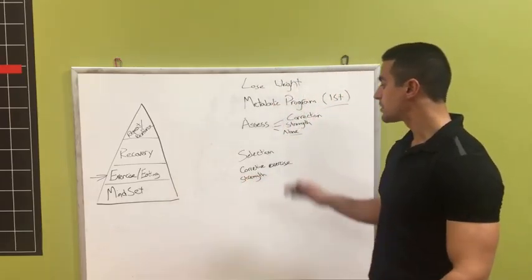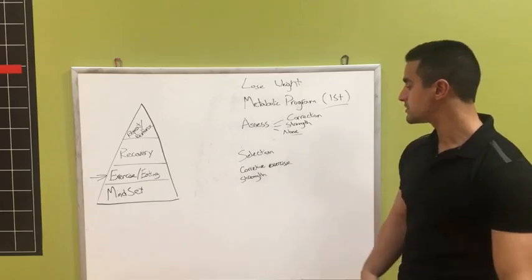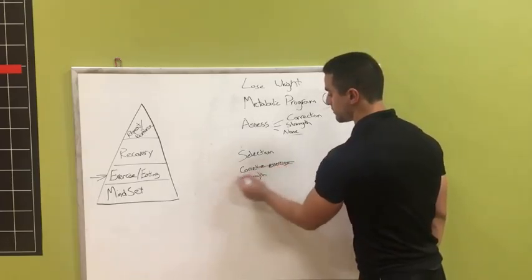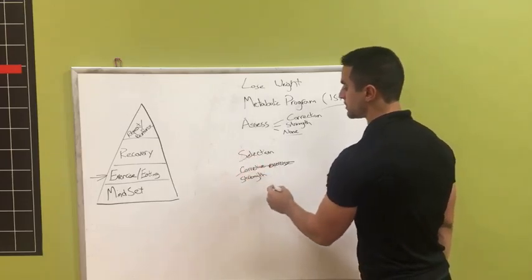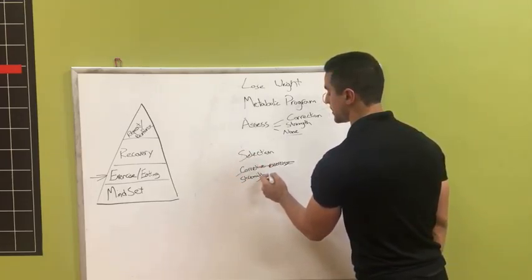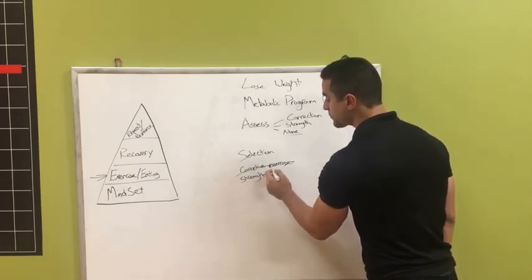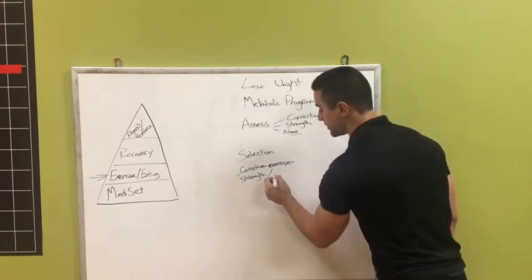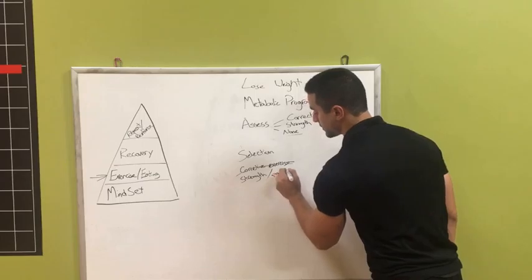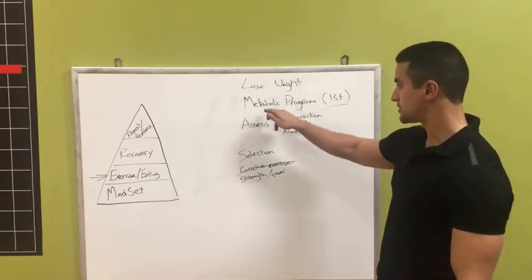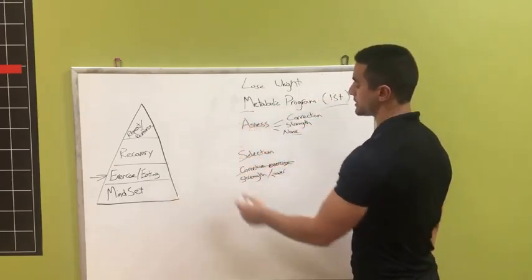If you're good to go and you have no issues, then maybe you really don't have to worry about corrective exercises. Maybe you can just sprinkle in some strength training in there, or if you want to do a little bit of power training, that's not a big deal. But you understand that this is going to be your primary focus if there's no issues.